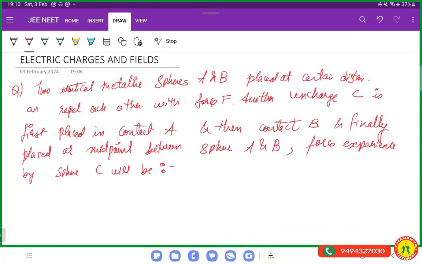Aditi has joined. Super. Just a minute, I'm doing it. These are like standard questions.